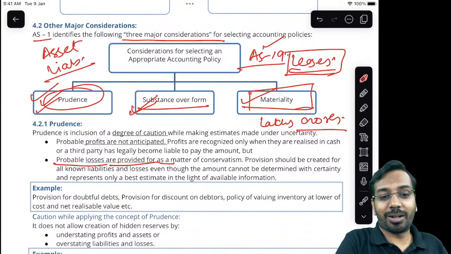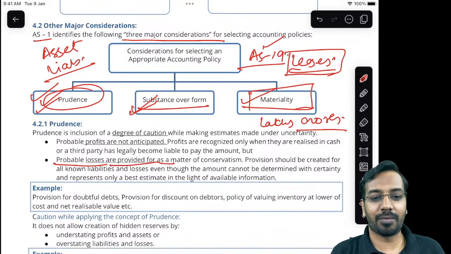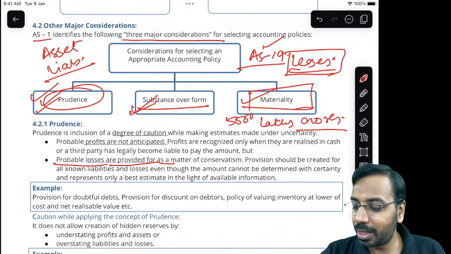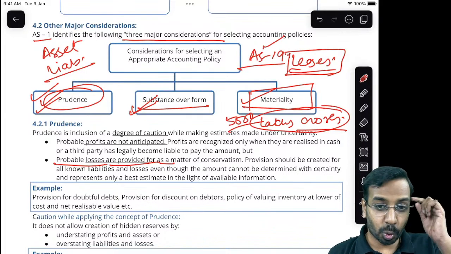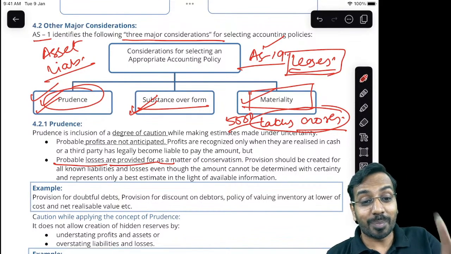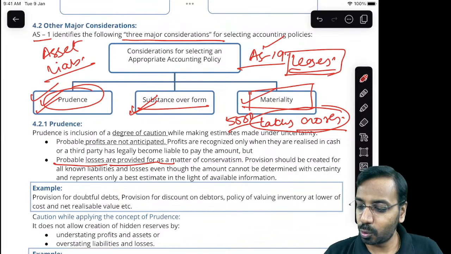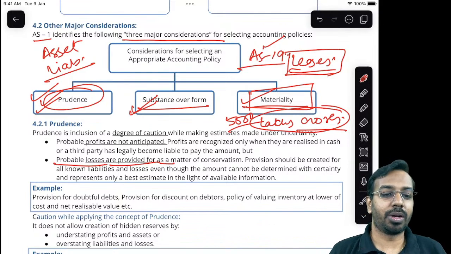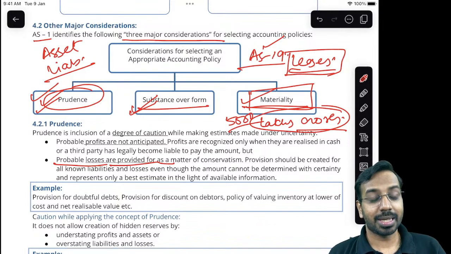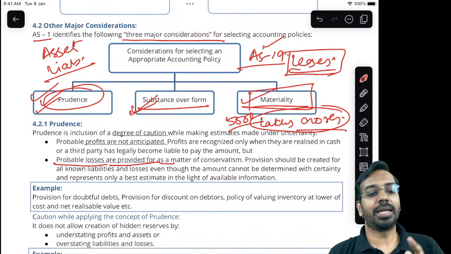Sir, but we'll get future economic benefits? Yes, we'll get future economic benefits. But 5000 in a business of lakhs of crores is not material. So don't break your head in calculating depreciation of that mobile phone and all of that. So you use materiality as a concept to choose the accounting policy. So three considerations: prudence, substance over form and materiality.